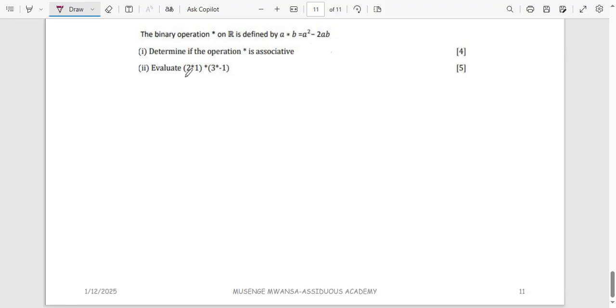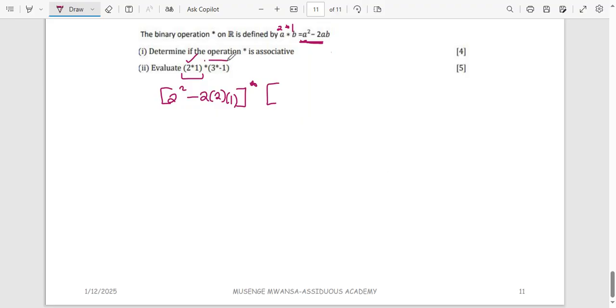First we are going to start with the first part here, which is 2 star 1. Where there is A, we'll substitute 2. Where there is B, we'll substitute 1. So that will be 2 squared minus 2, where there is A we're putting 2, where there is B we're putting 1. Okay, that's the first part. And then remember there's a star in the middle, so I'll put a star there.